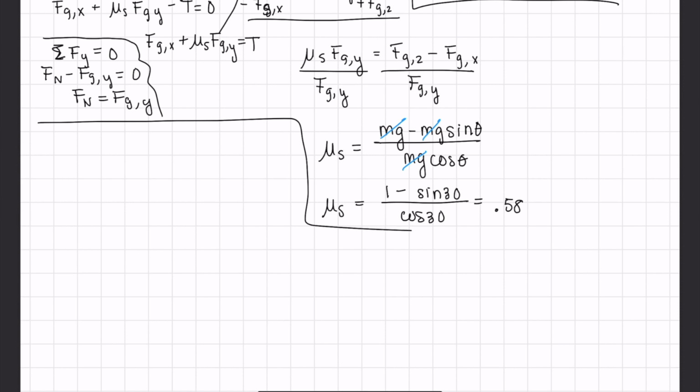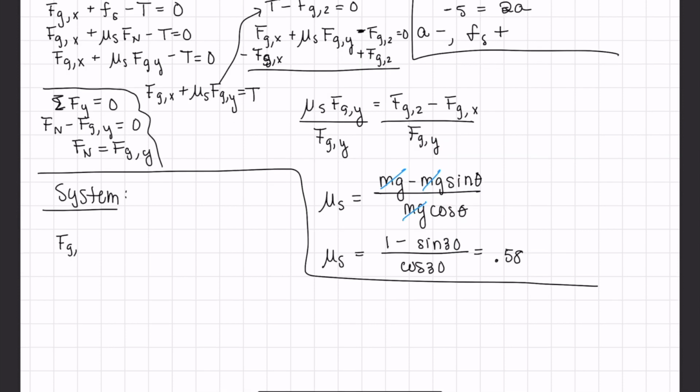But if instead we do a system, I'm just going to show that you end up with that same equation that we just had. So we'll have FGX plus FS minus FG2 equals 0. So I'm going to make the same substitutions as I did before. mg sine theta plus mu s mg cosine theta.